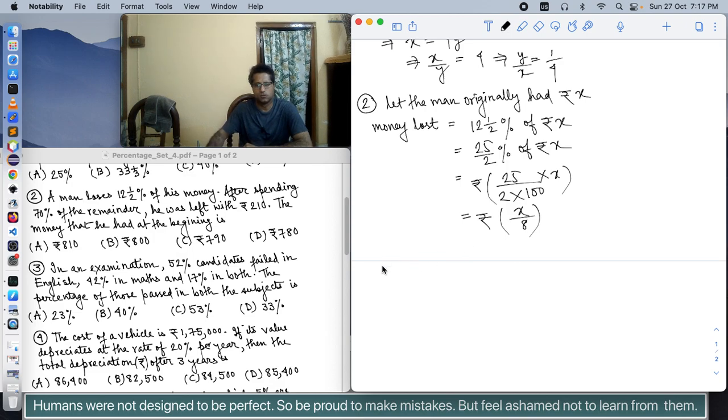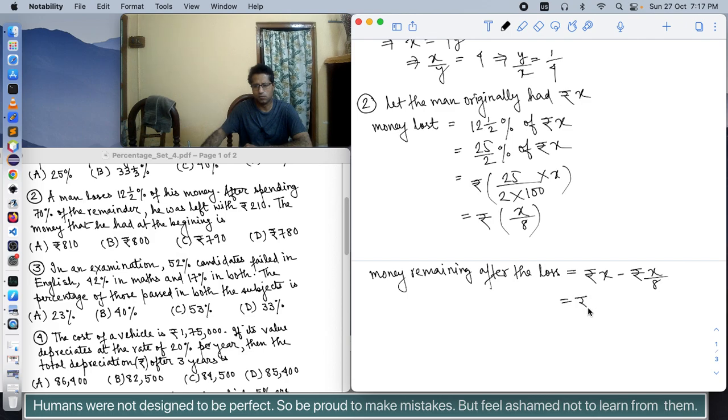Okay. So money remaining after the loss will be equal to rupees X minus rupees X by 8.